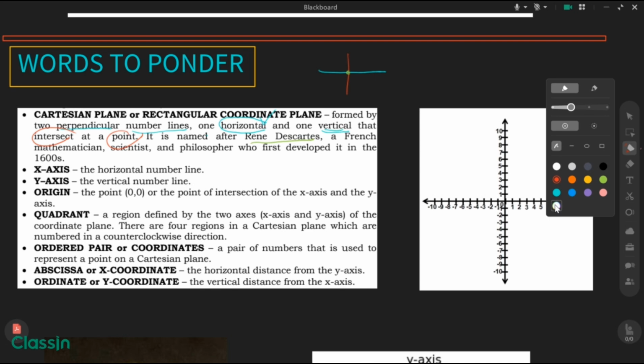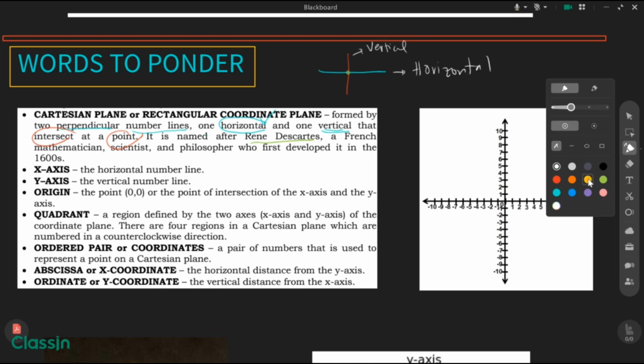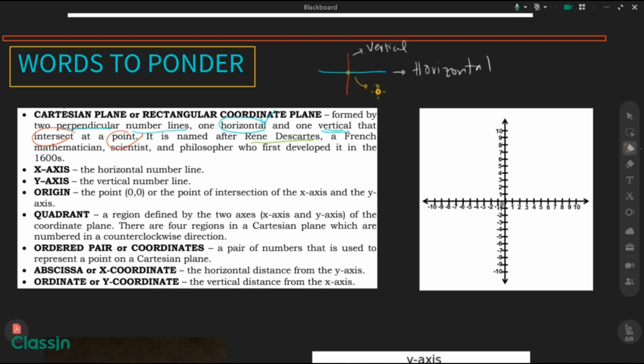This is horizontal and this is vertical. And they intersect at one point. This is the point of intersection. Okay, good.